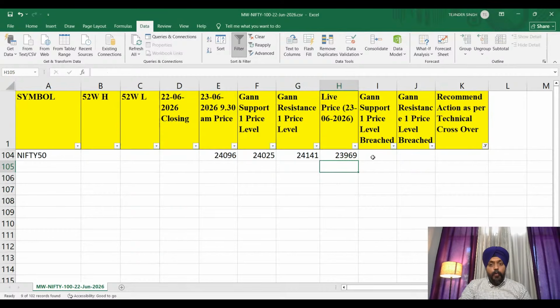Is the Gann support 1 price level breached? Yes.